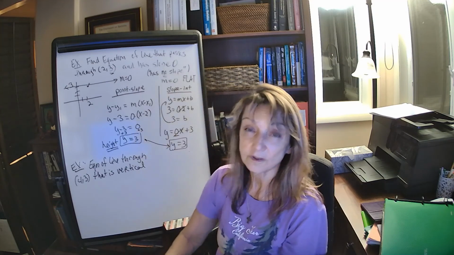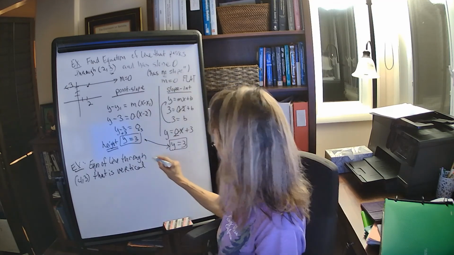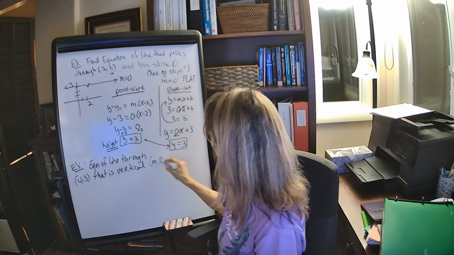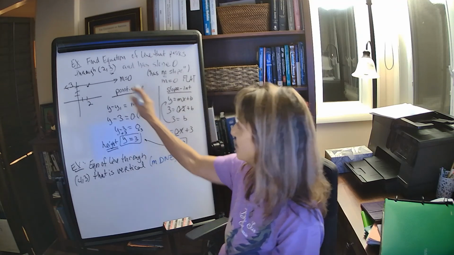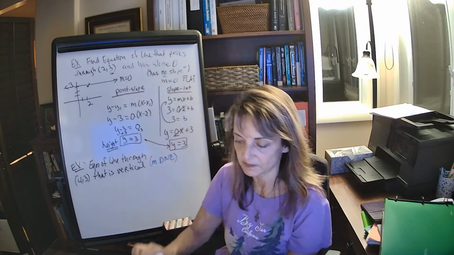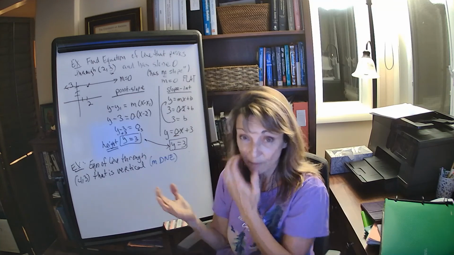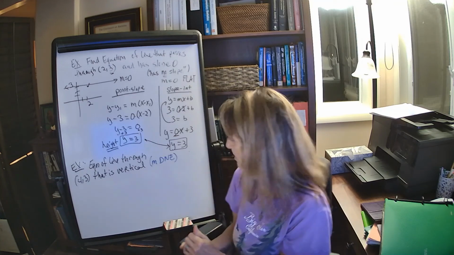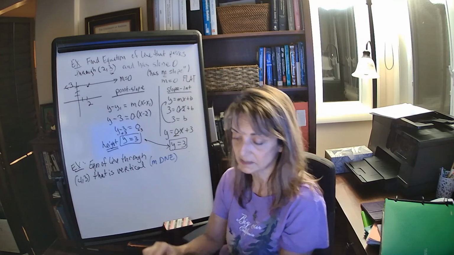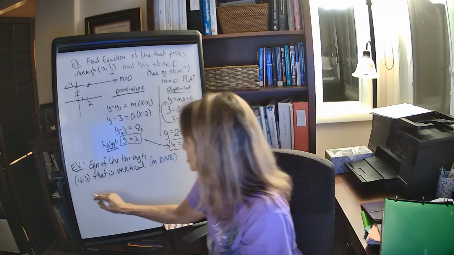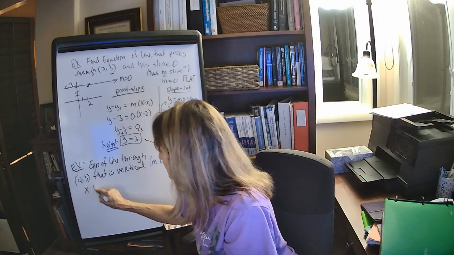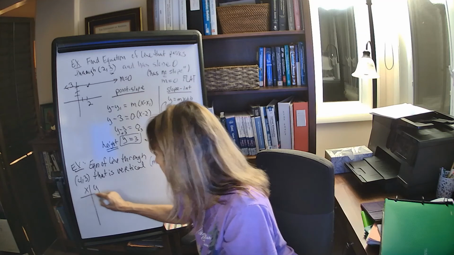Well, we're kind of in trouble there, right? Because vertical means m does not exist. So how can we even use anything that we've done up until this point? We're kind of stuck. It doesn't really fit what we're doing at all. So let's punt and come up with that XY chart and see if that can help us.